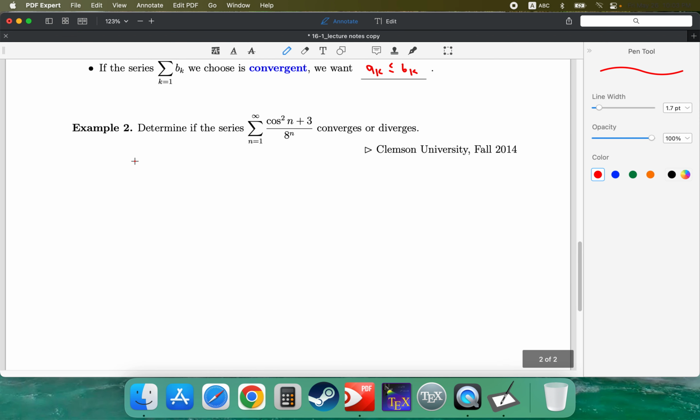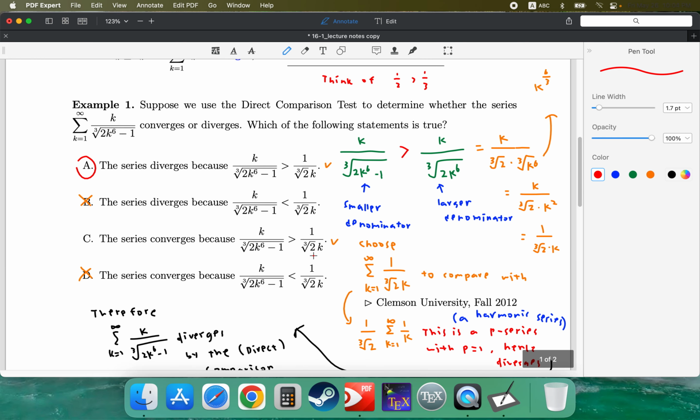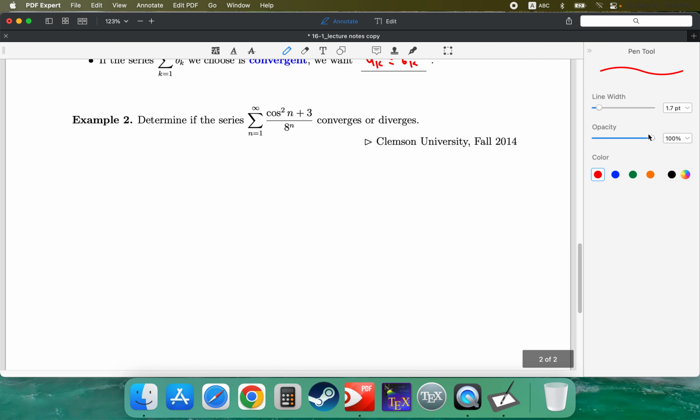Let's take a look at example 2. Determine if the series converges or diverges. You can see that this is a free response question, so we don't have anything to compare with. We will start from scratch. Notice that right here we have cosine square, and we know that cosine square will always be between 0 and 1.